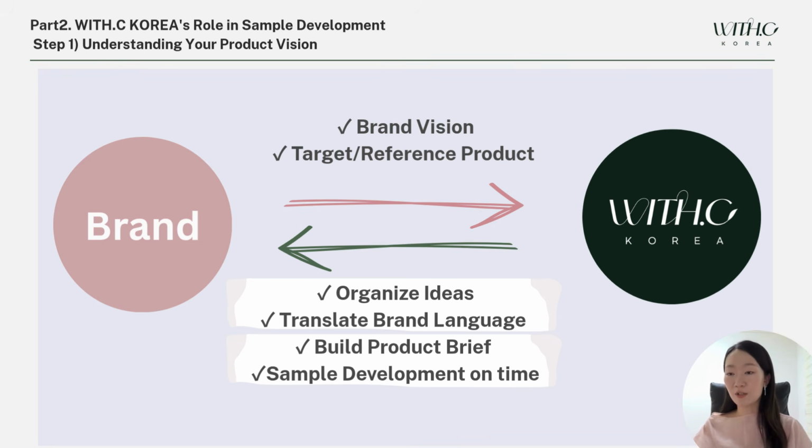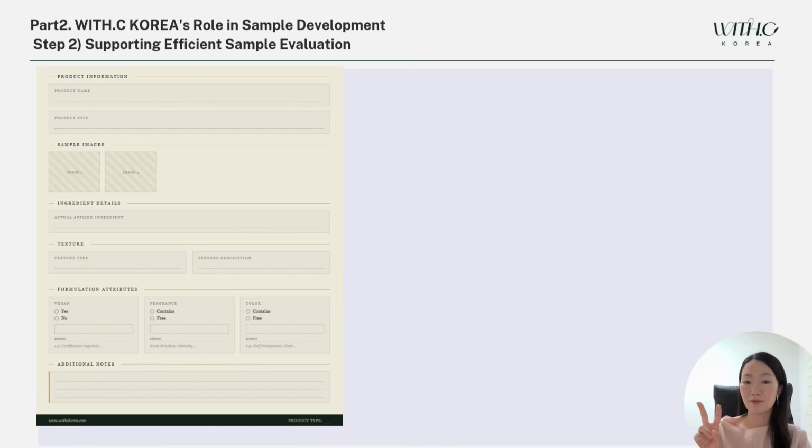We also bridge the communication gap between Korean and English, as well as between brand language and product development terminology. By aligning your product concept and development direction before sampling begins, we help create a stronger foundation for the entire project.